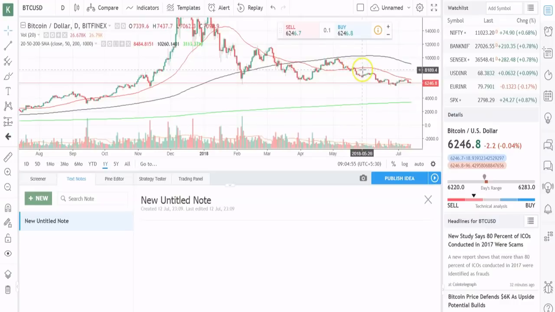And the point here being, here's the last line I'm going to introduce. That's the 1,000-day moving average line, and that right now is sitting at $3,400 in that range.